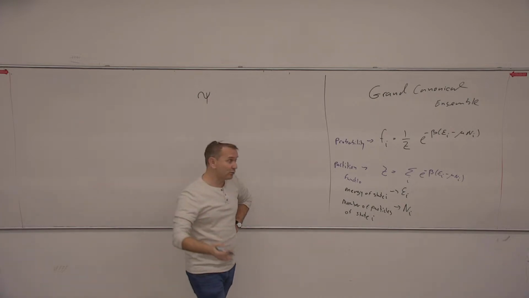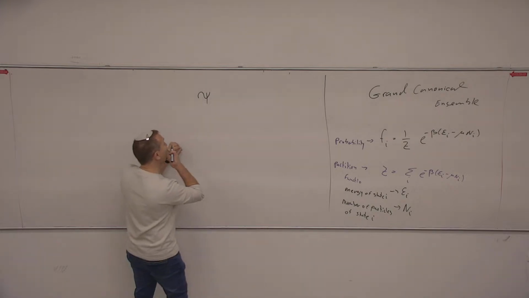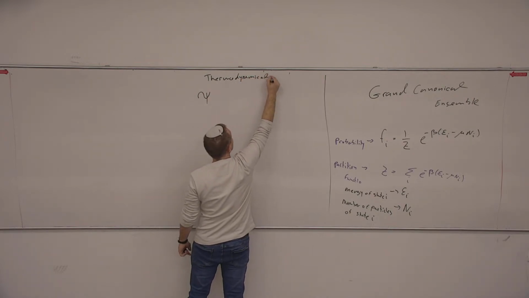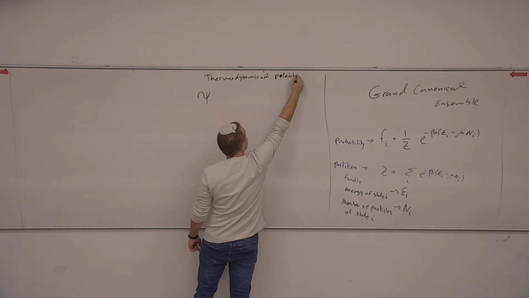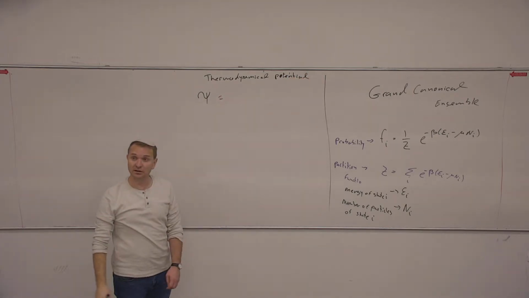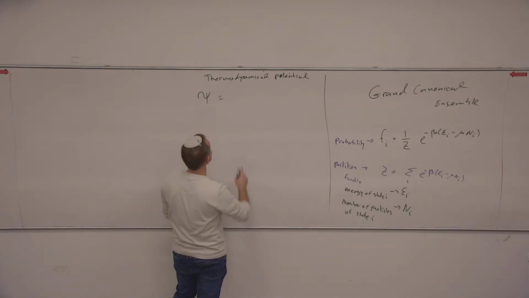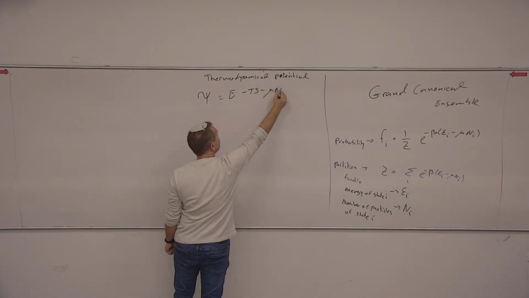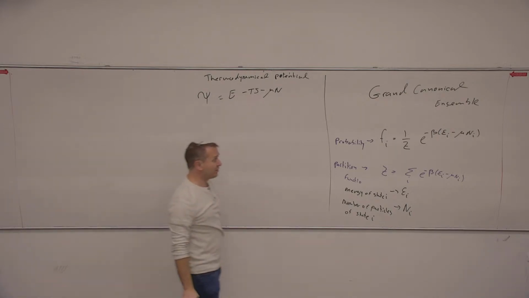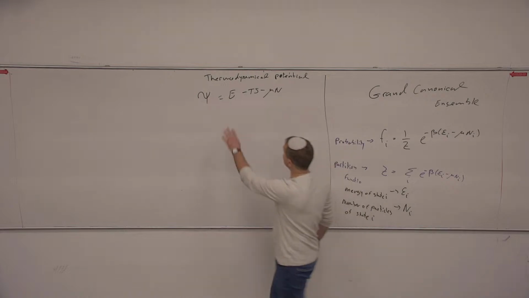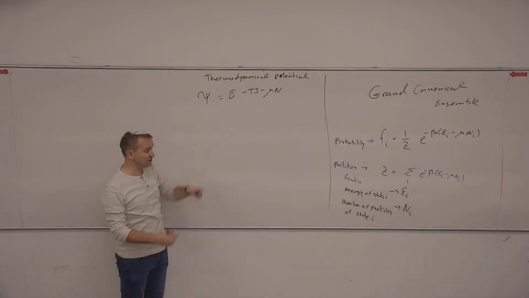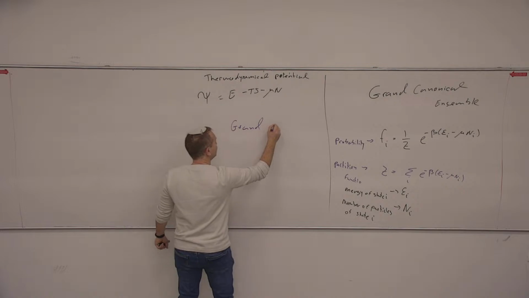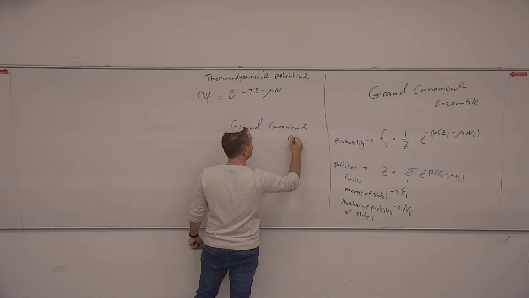For the grand canonical ensemble, we have shown that the thermodynamical potential is the grand canonical potential, which is E minus Ts minus mu n.